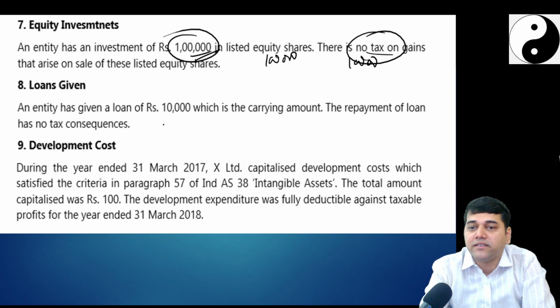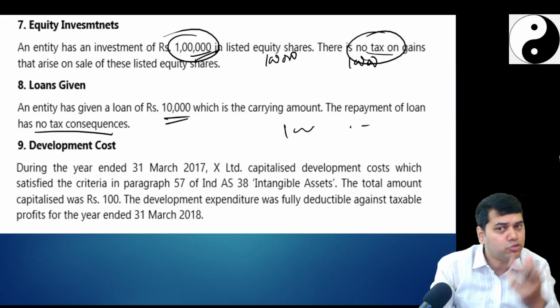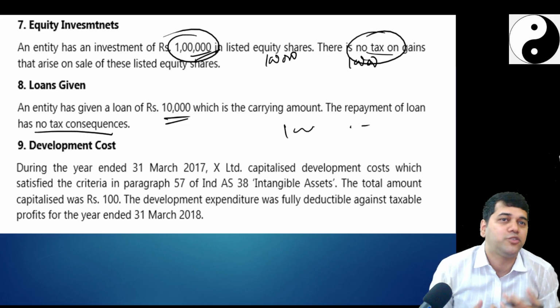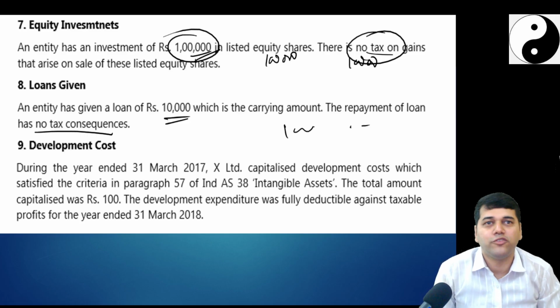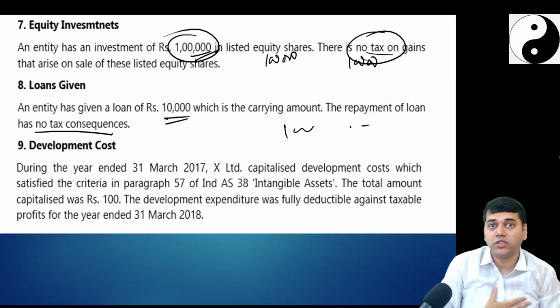Loan given: the entity has given a loan of 10,000 rupees. The repayment has no tax consequence. Same, 10,000 and 10,000. See, there are different ways to understand this, but my question is, do you need it? What is your priority? Examination, no. You have understood the logic, fine.